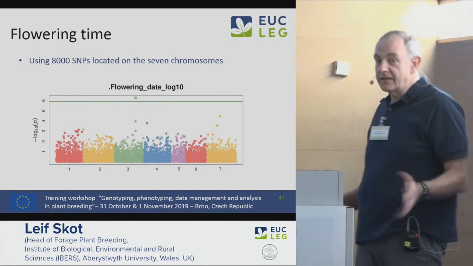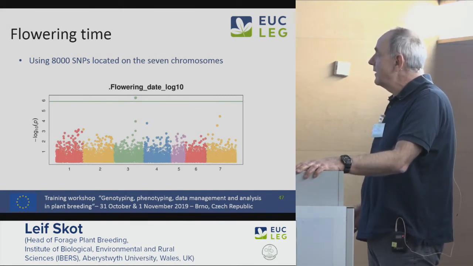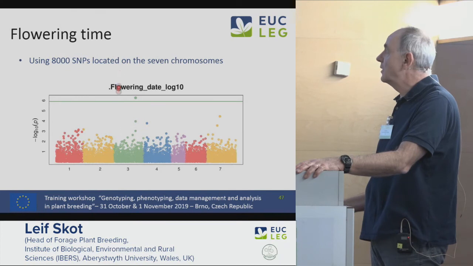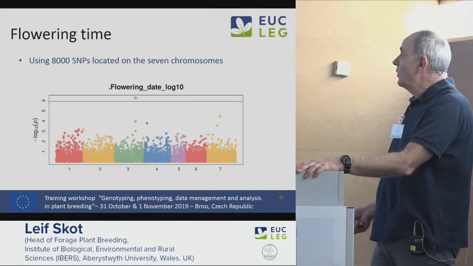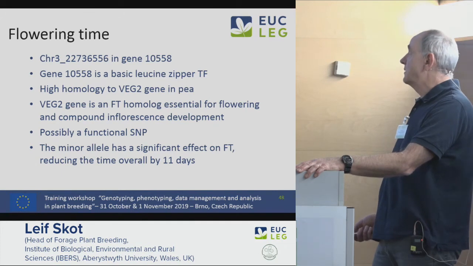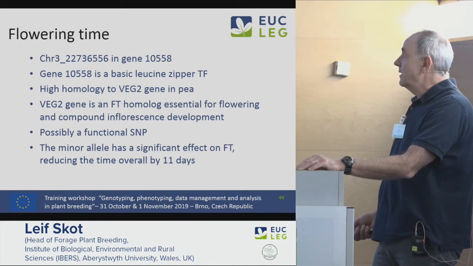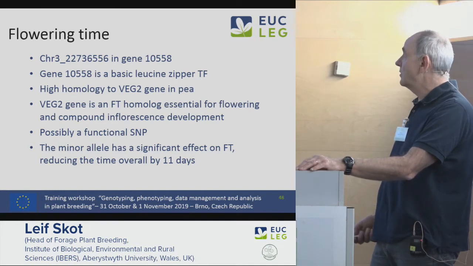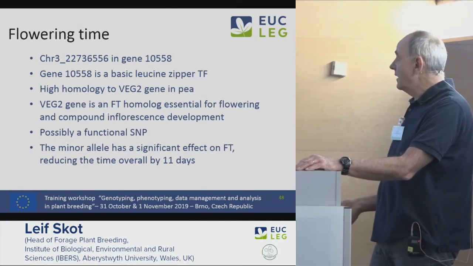So that's potentially not enough, but we did that anyway, and then we found one marker that was associated with flowering date. We were looking for other traits as well, but didn't find any real associations. But one gene there, located on chromosome 3, seems promising in terms of the identity of the gene. It's a homologue of the FT gene from pea, and it has an effect in our populations.